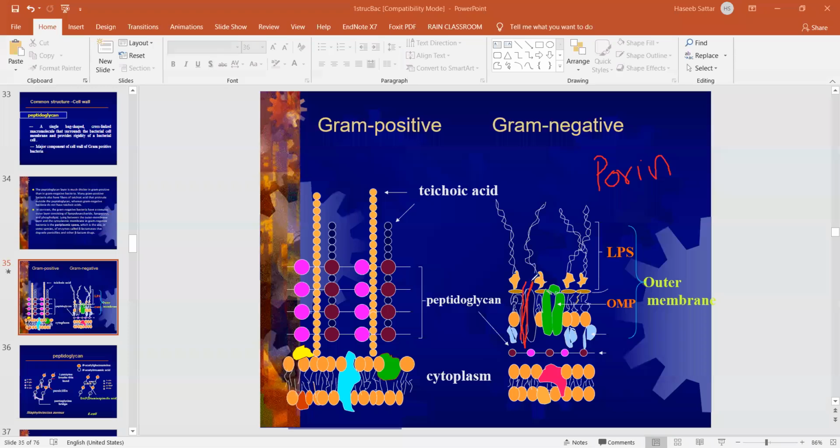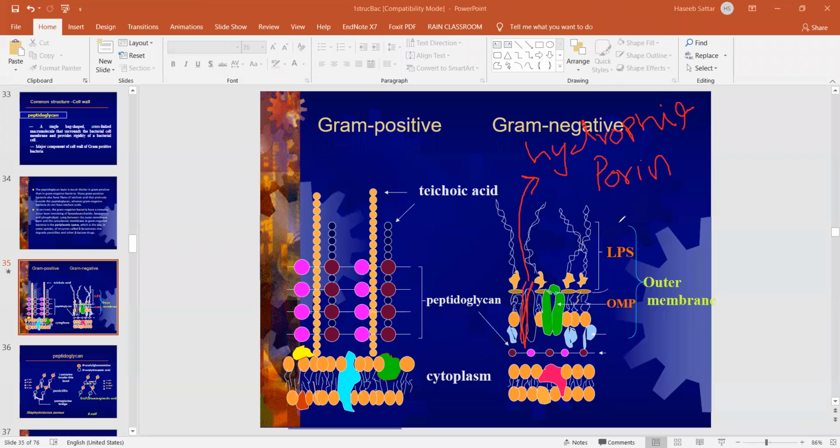Through these porine channels, the hydrophilic compounds pass. What do you mean by hydrophilic? Water soluble.